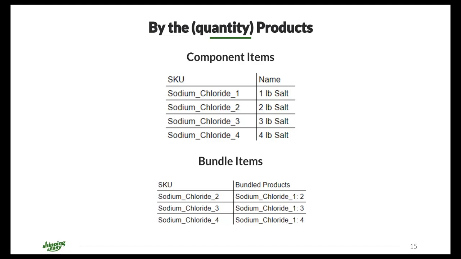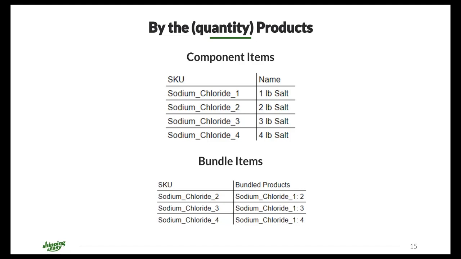So since I go out and package this myself, I'm able to determine exactly how much I have on hand based on those bundles. So anytime I sell one of the bundles, so if I sell the 4 pound quantity, it's going to adjust every other bundle that's affected by that.